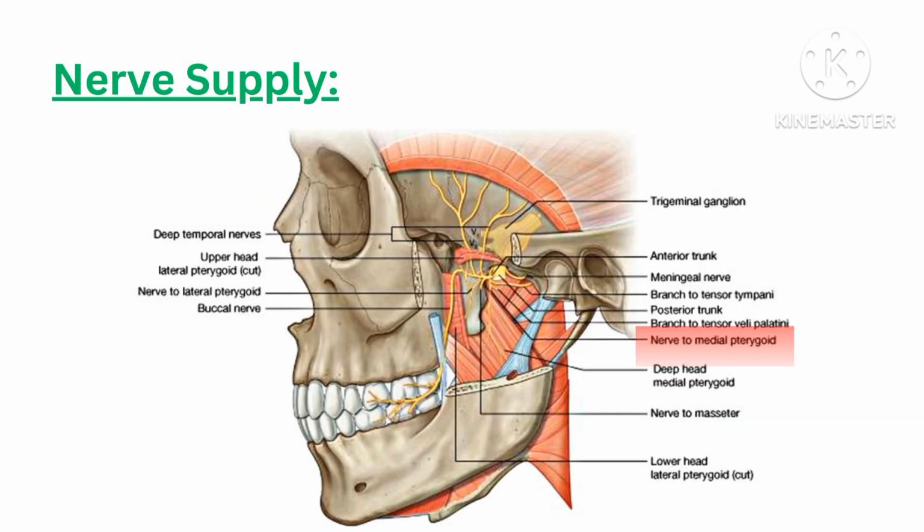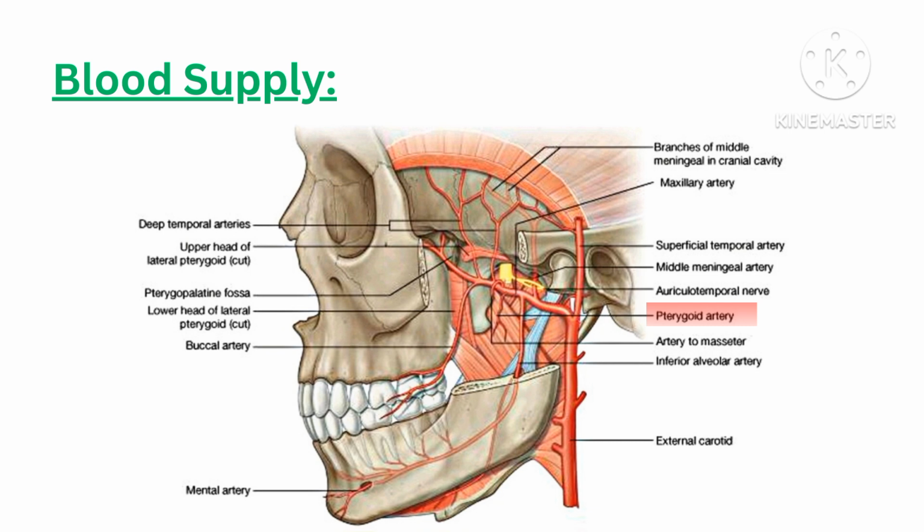The medial pterygoid muscle is innervated by the medial pterygoid nerve, a branch of the mandibular division of the trigeminal nerve. The medial pterygoid muscle receives blood supply from pterygoid branches of the maxillary artery, which is its primary source. The facial artery and ascending pharyngeal artery also provide additional blood supply.